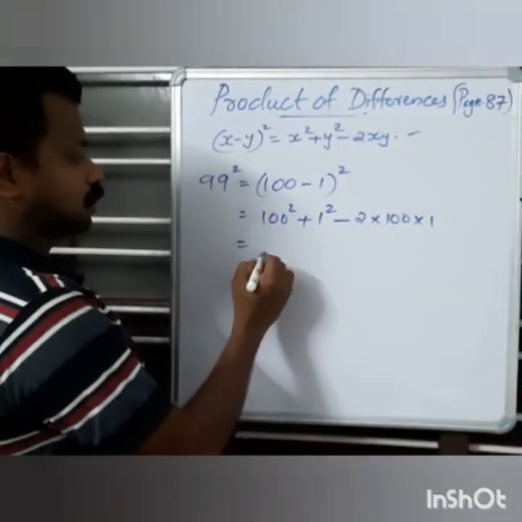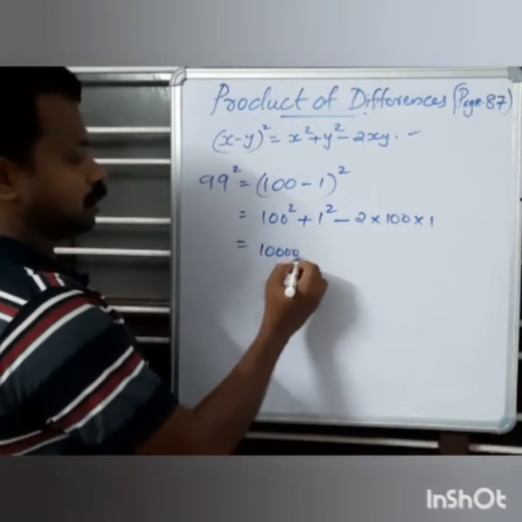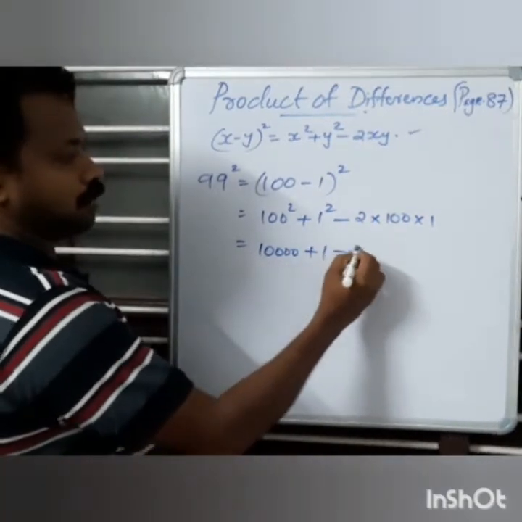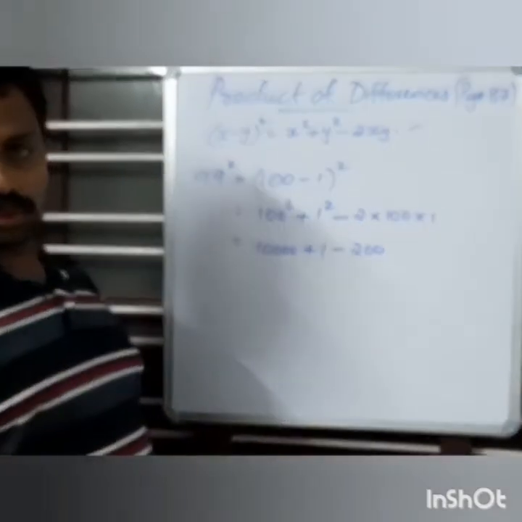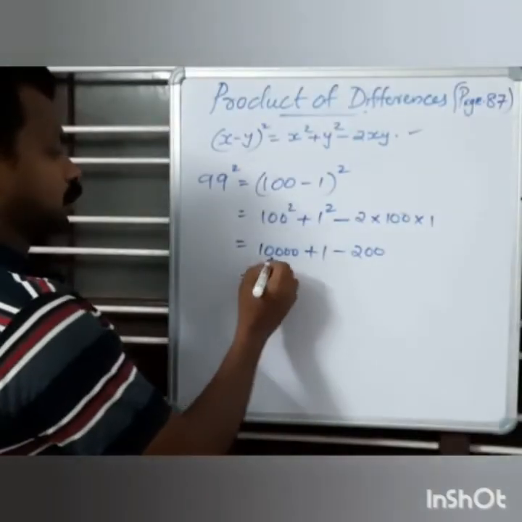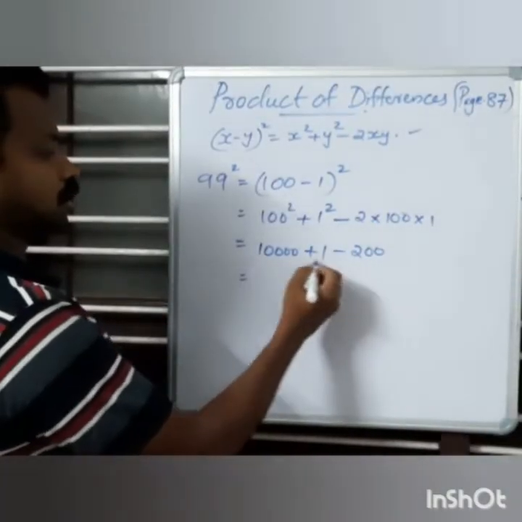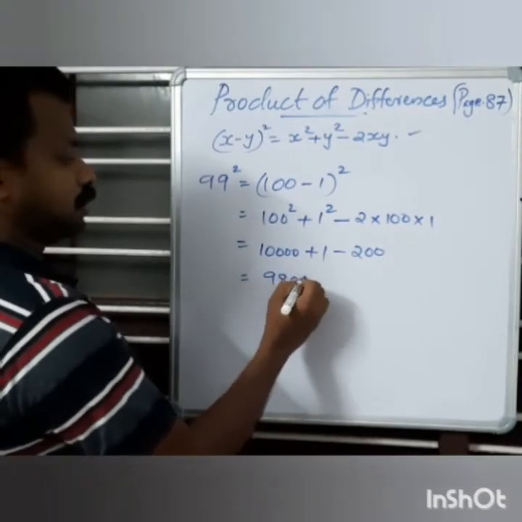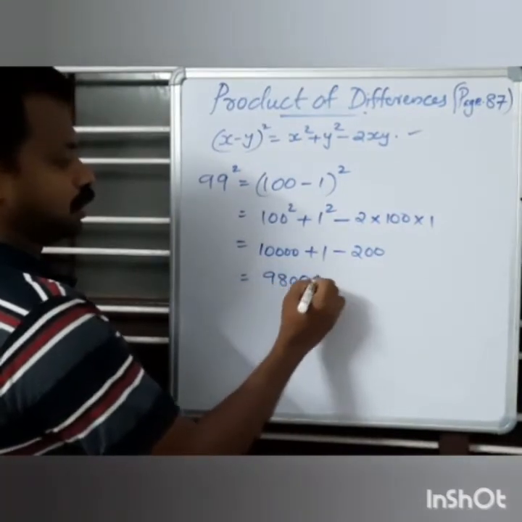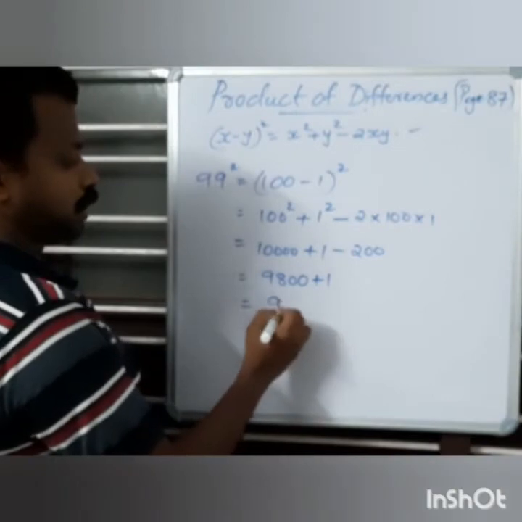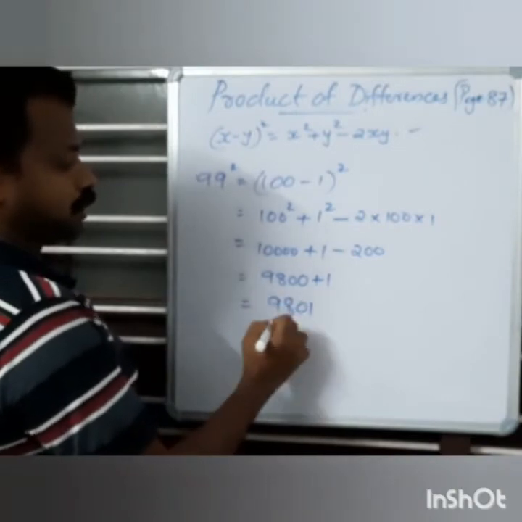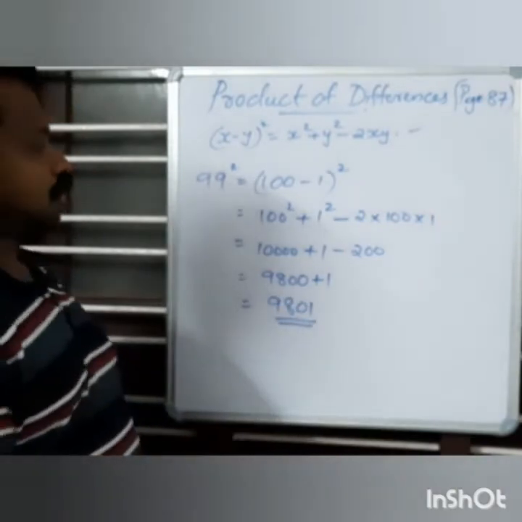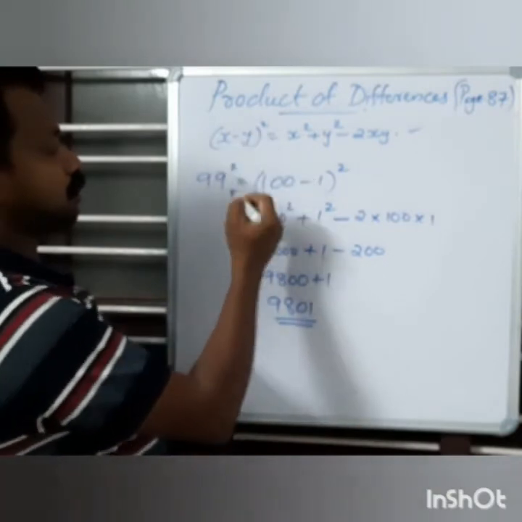So it is 10,000 plus 1 minus 200. So 10,000 minus 200 is how much? 9,800 plus 1. So we will get 9,801. So use the identity x minus y whole square.